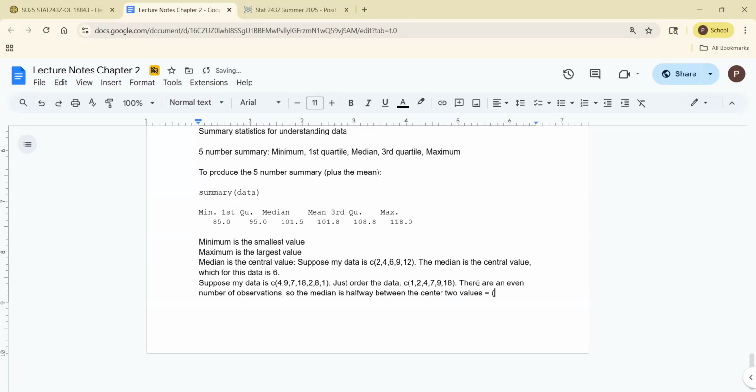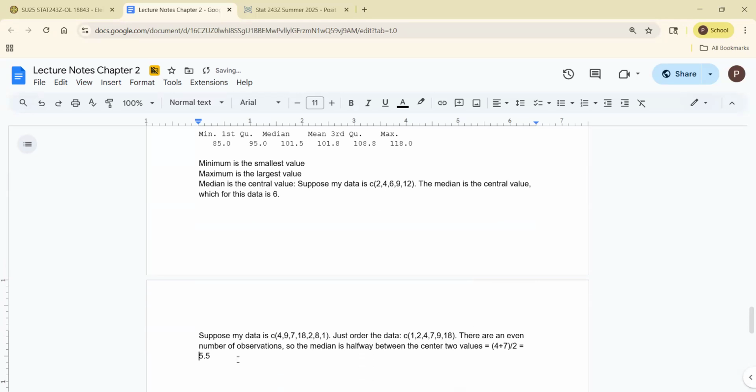So it's going to be equal to 4 plus 7 over 2, which is 5.5. So the median is not always an observation itself. If you have an odd number of observations, it'll be the central value. If you have an even number of observations, it will be halfway between the two central values.